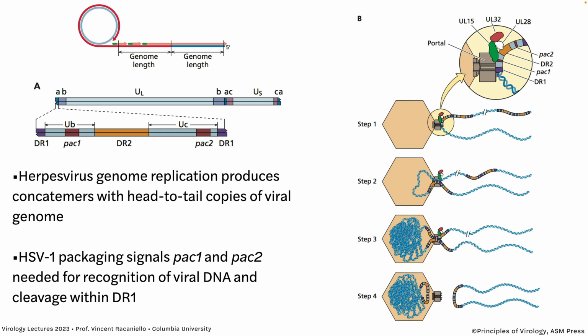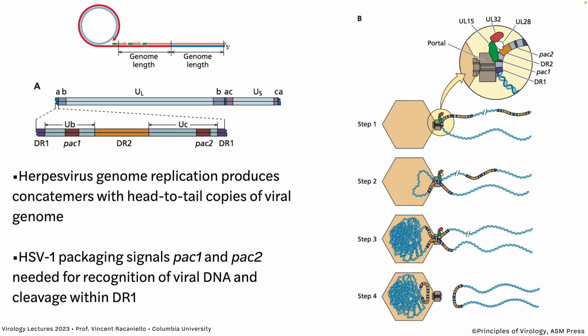And it keeps pulling until it gets to another set of packaging signals, which would be at the 5' or left end of the next genome concatemer. And then there's an endonuclease associated with the portal, which cuts the DNA.